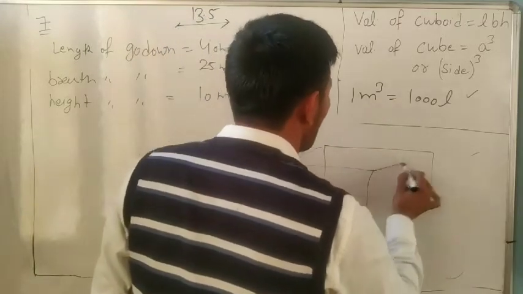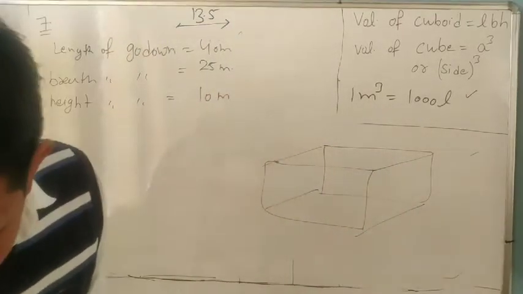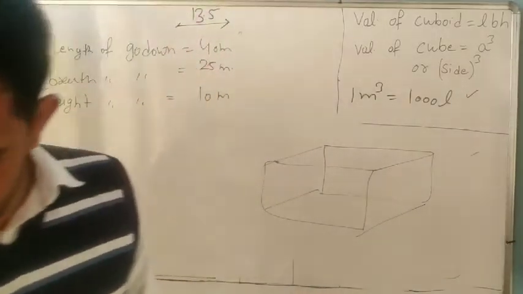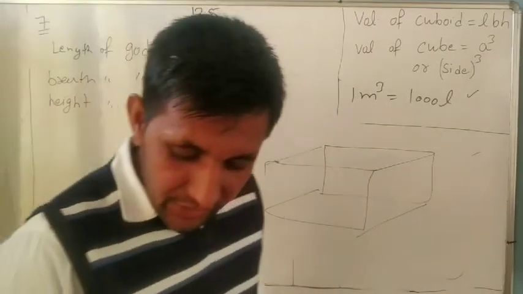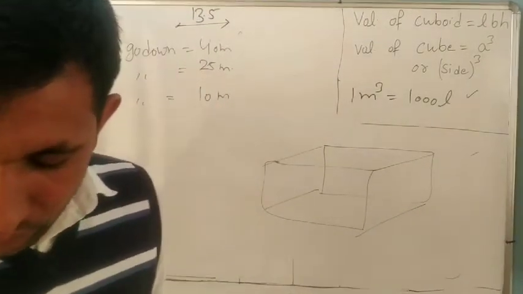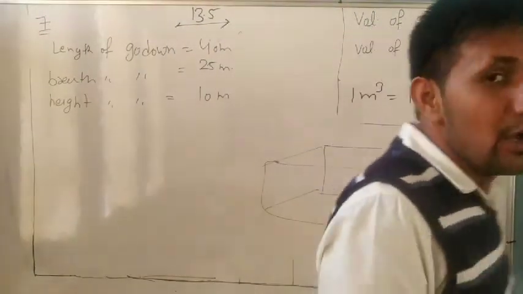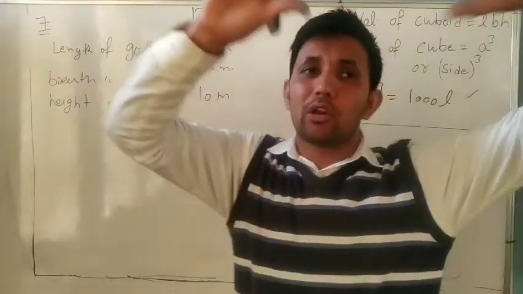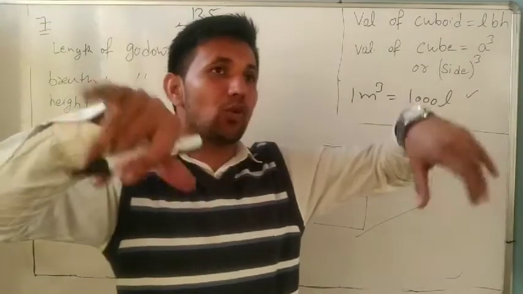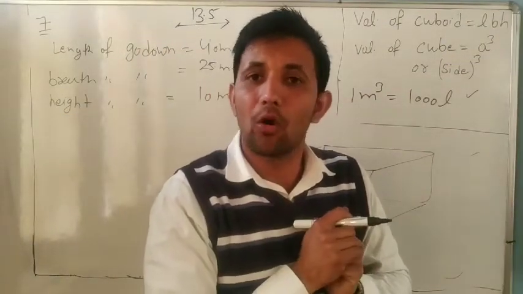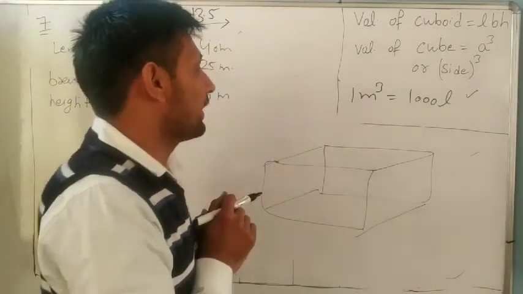Now tell me, find the maximum number of wooden crates, each measuring 1.5, 1.25 and 0.5 meter, that can be stored in the godown. Suppose it is our classroom, and in this space we put benches.